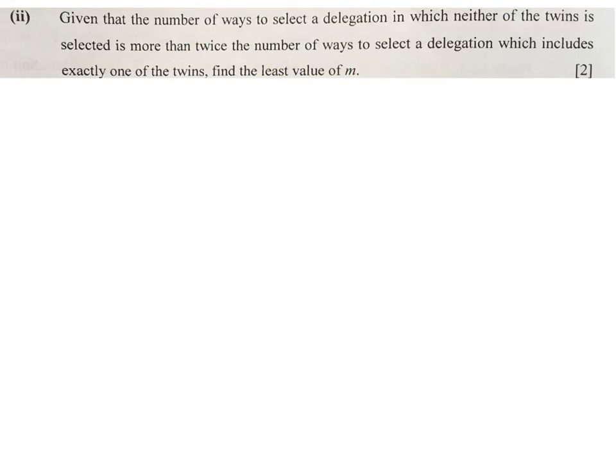Now in part 2, we are given that the number of ways to select a delegation in which neither of the twins is selected, which is basically the answer from part 1, is more than twice the number of ways to select a delegation which includes exactly one of the twins, and we are asked to find the value of m.